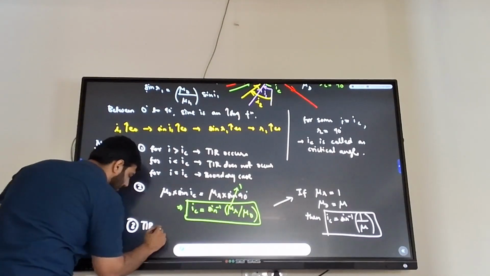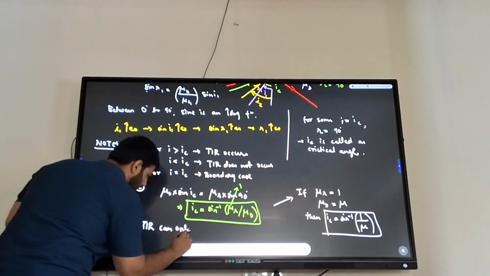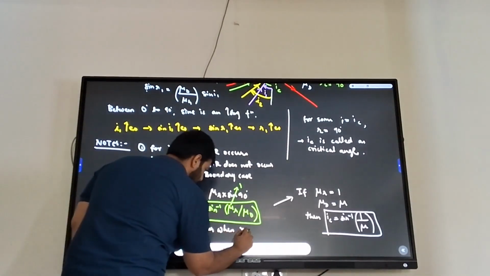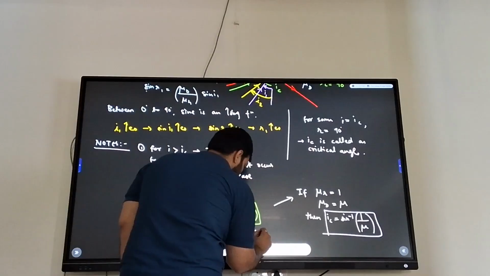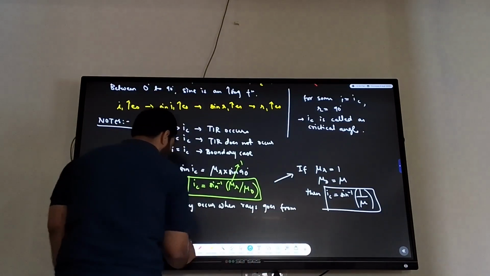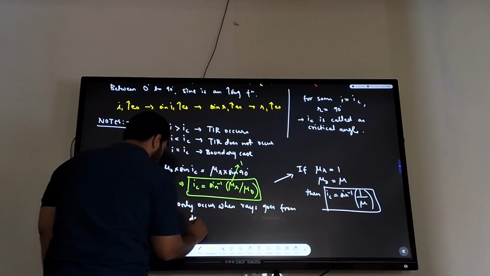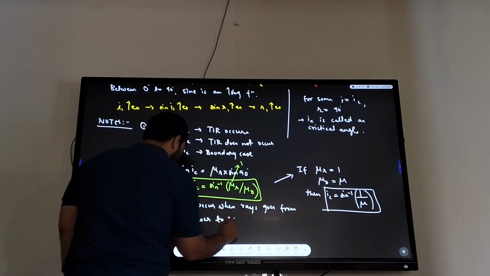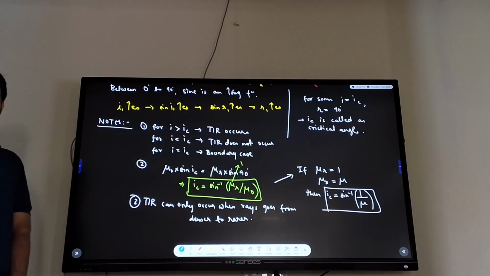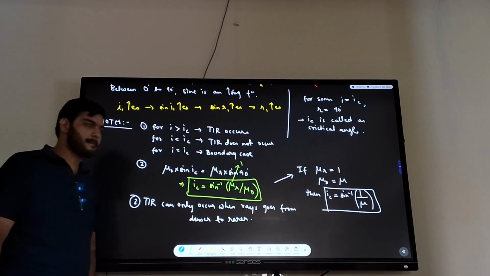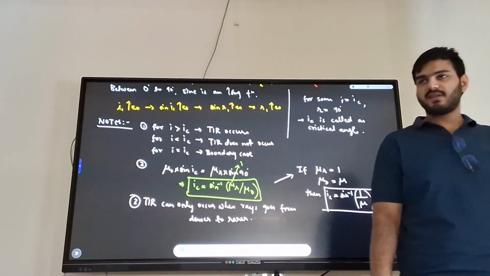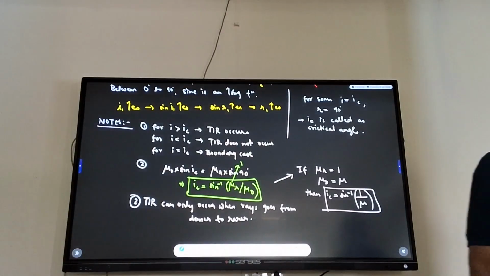TIR can only occur when rays go from denser to rarer. Does it make sense to you? Yes? This is the only thing that is relevant for TIR.